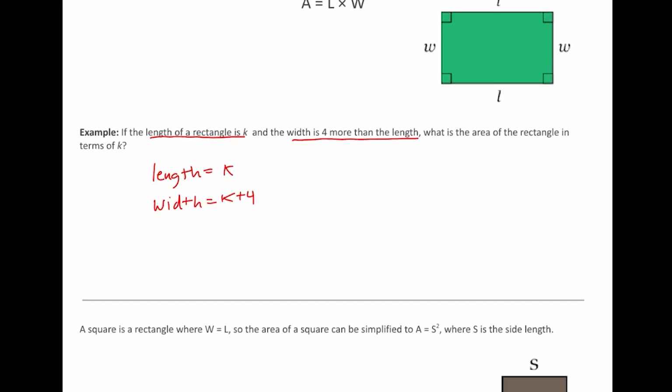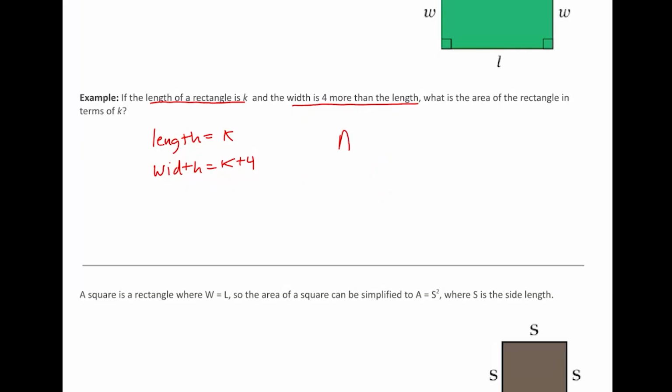If the area is the product of the length and the width, I'm just going to write L times W to start it off. The length is K, and the width is K plus 4. We can simplify this expression by using the distributive property.